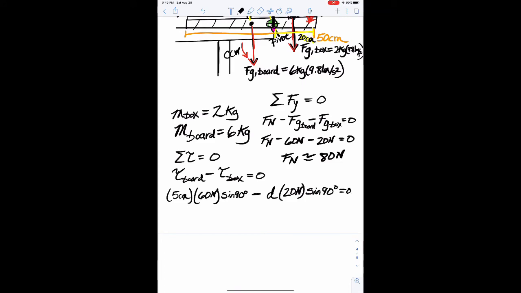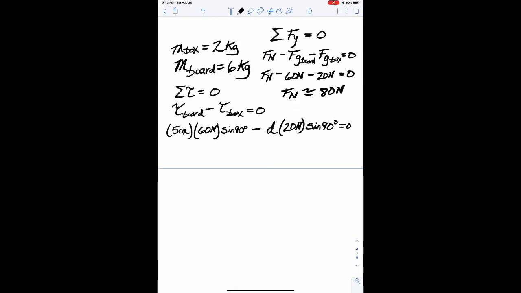is equal to 0. All right, the 5 is actually going to be 0.05 times 60. This is just going to be 3 minus D times 20. Once again, sine 90 is just 1. And if we do the math here, 20 newtons times D is equal to 5 times 60, which is 300.